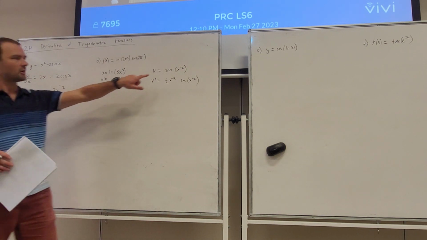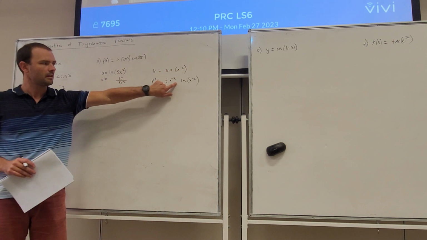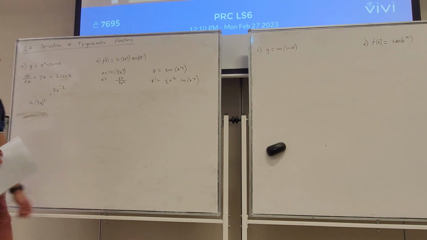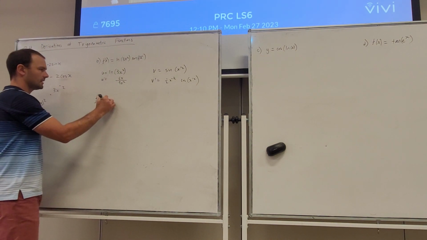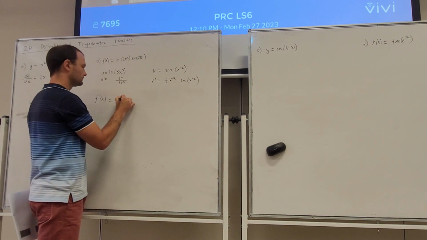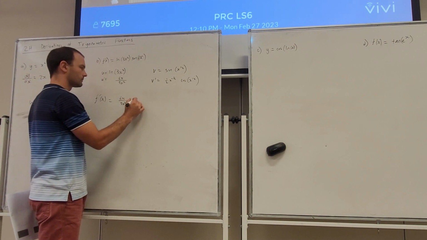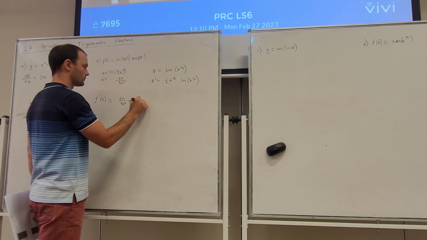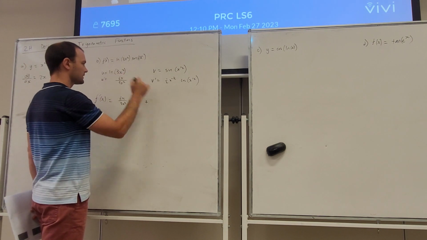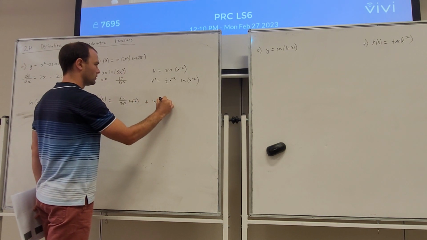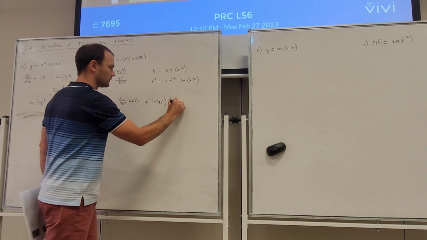Alright, so we've differentiated x to the half, there it is there, and then times cos of f of x. Alright, smash them together. f dash of x equals u dash v plus u v dash.